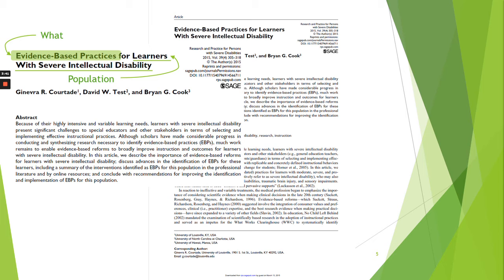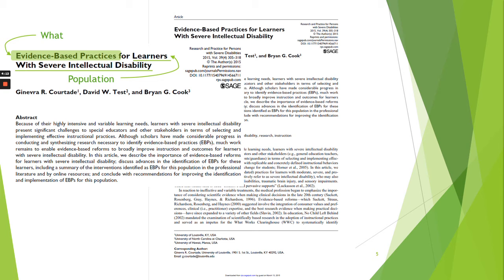In this article, we describe the importance of evidence-based reforms for learners with severe intellectual disability, discuss advances in the identification of EBPs for these learners, including a summary of the interventions identified as EBPs for this population in the professional literature and by online resources, and conclude with recommendations for improving the identification and implementation of EBPs for this population.